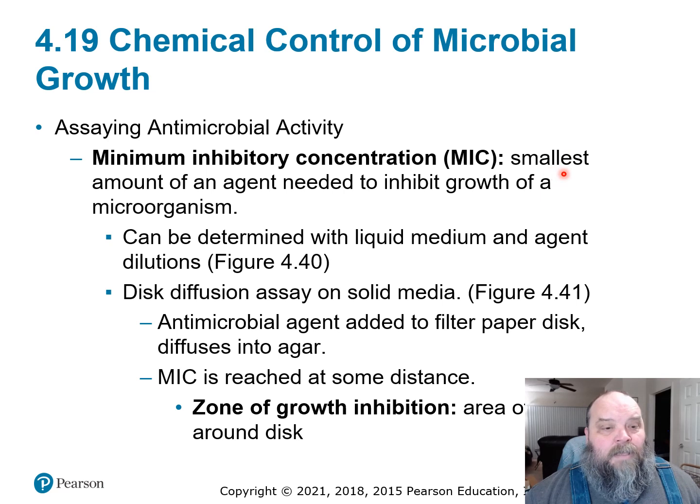What is the smallest concentration of your new agent, your new chemical, your new compound, at which we can see an inhibition of growth, whether it's killing or acting statically? We can do this either in liquid medium, or on an agar plate using what's called disc diffusion.